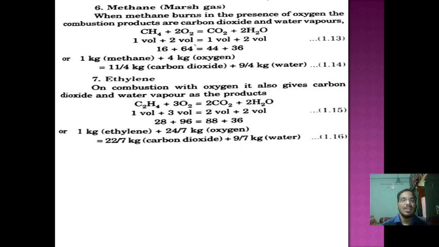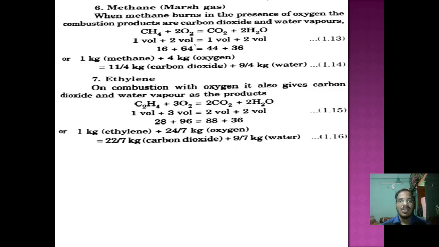How much ethylene are we taking? Here we are taking 1 kg ethylene plus 24 by 7 kg oxygen, and then 22 by 7 kg carbon dioxide plus 9 by 7 kg water vapor will be produced. Okay, just see this chemical equation and practice these chemical equations.